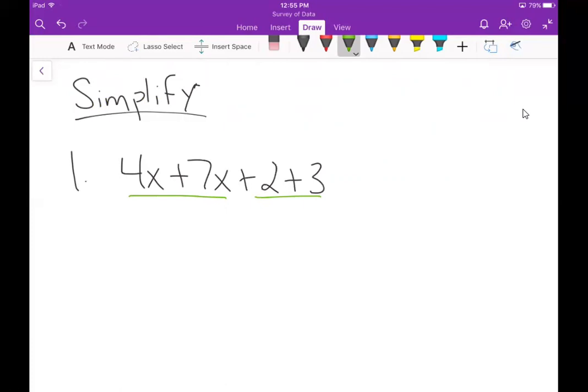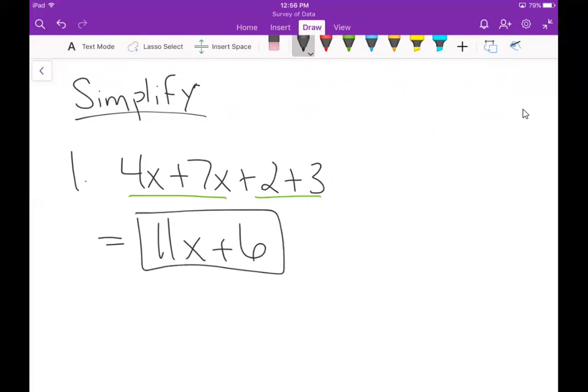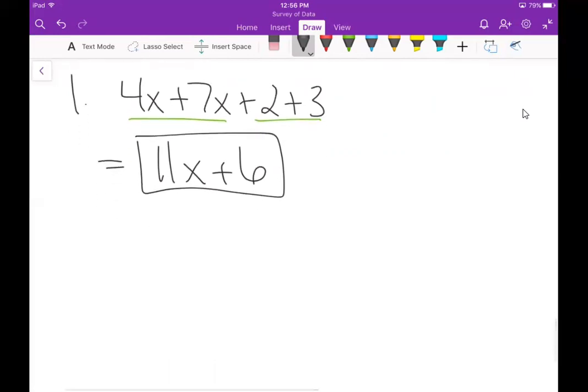I have 4 x's and then I need to add 7 more x's. That gives me a total of 4 plus 7, or 11x, and 2 plus 3 is 6. So I have combined my like terms and simplified this expression down. And this is really where we start to see that simplifying means actually making that expression smaller and more simplified, not just necessarily getting rid of parentheses.